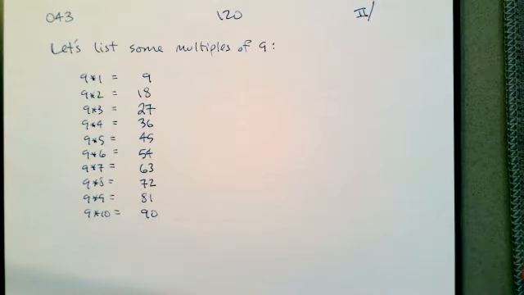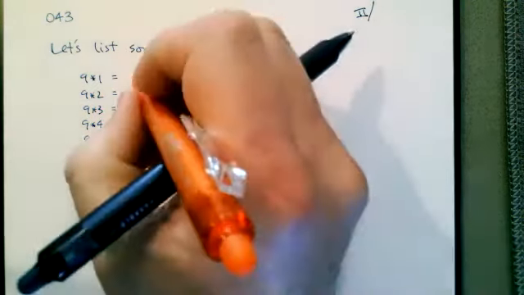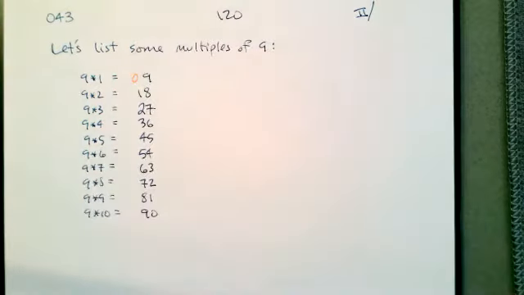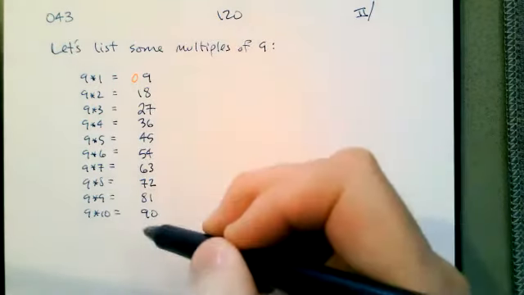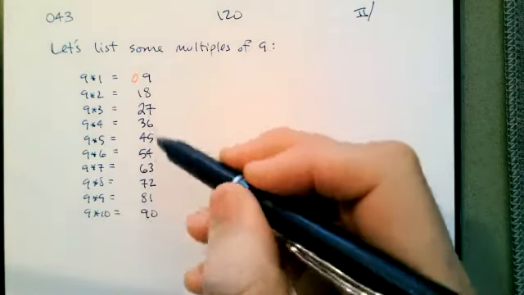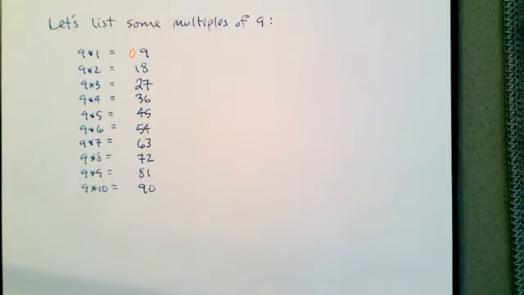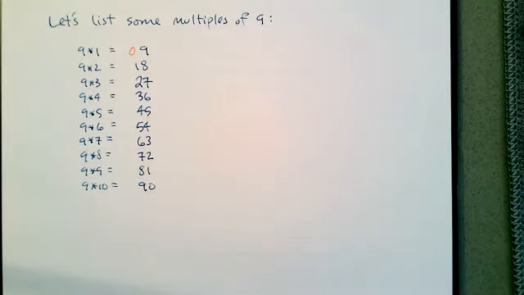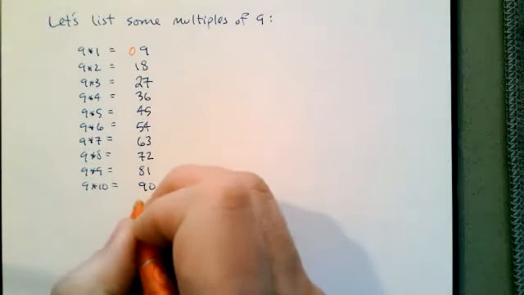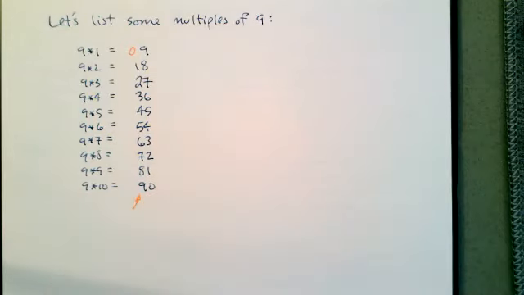So if we imagine the tens digit of the 9 is a 0, notice that the tens digits count up while the ones digits count down. So that's kind of a cool thing to notice. You may or may not have noticed that before. So let's notice some things. We're just speculating here.